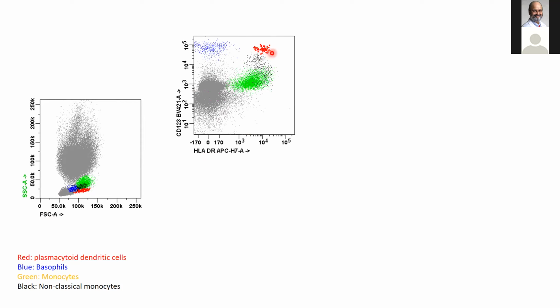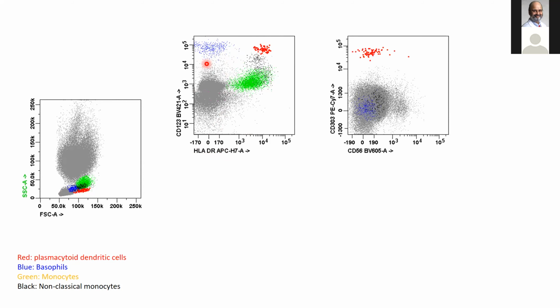Our plasmacytoid dendritic cells will be positive for HLA-DR, and our basophils will be negative for HLA-DR. Now moving over here, we see CD303 on the y-axis. That is a specific marker for plasmacytoid dendritic cells, and we can see here that they're nicely positive for CD303, whereas the basophils here in blue are nicely negative for CD303.